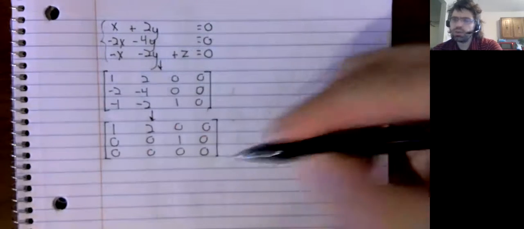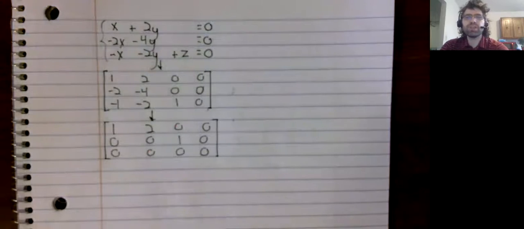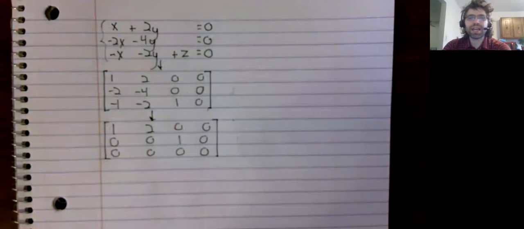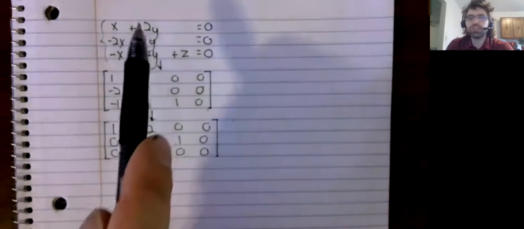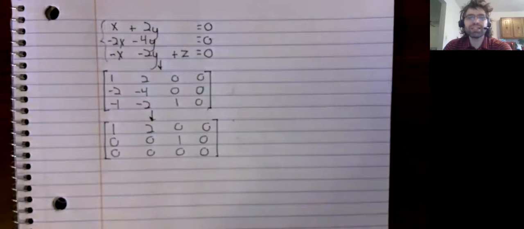I told you at the beginning that there would be infinitely many solutions, but the only way I knew that is that I wrote the problem. You couldn't just look at the original system and know how many solutions it had.